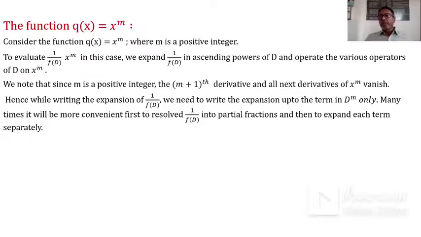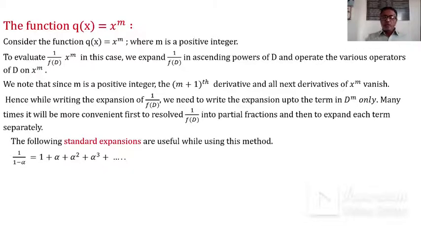Now, when we are operating 1 upon f of D on x to the power m, it is customary for us to write f of D into linear factors, and then we write this in partial fractions. And for that purpose, we want to use the following standard expansions.